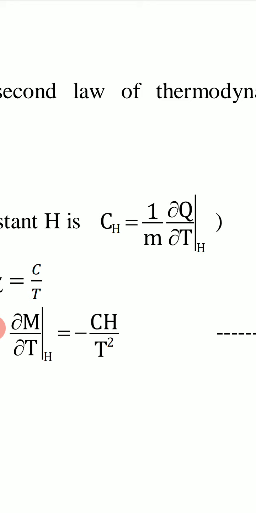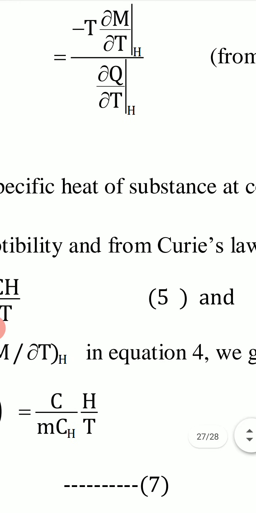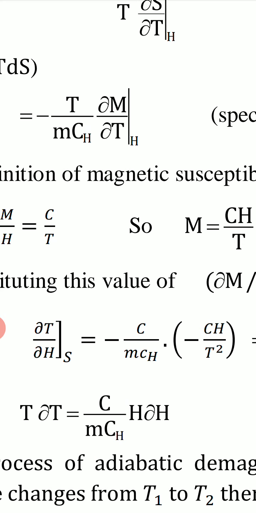So we write C_H as 1 upon m delta Q upon delta T at constant H. So we have delta Q upon delta T at constant H equal to m C_H. So we write this denominator equal to small m C_H, where C_H is the specific heat at constant H.